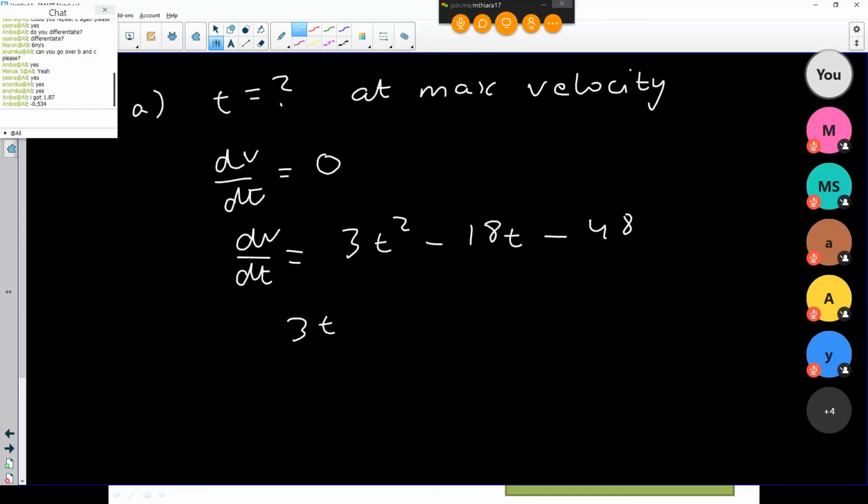So 3t squared minus 18t minus 48 is equal to 0. That becomes t squared minus 6t minus 16 is equal to 0.